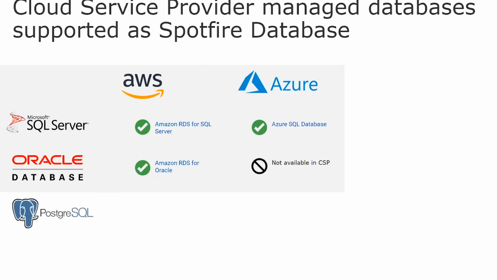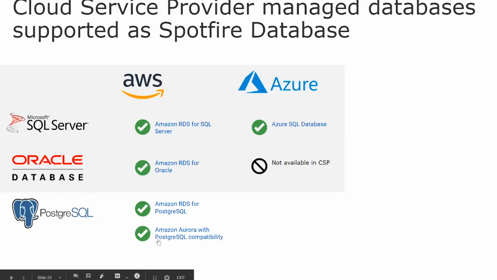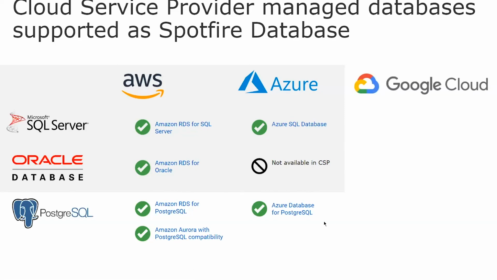As you remember, in 10.9, we introduced support for Postgres as a Spotfire database, and now in 10.10, we have added support for Amazon RDS for Postgres, Amazon Aurora with Postgres compatibility, Azure Database for Postgres, and Google Cloud Platform, GCP, Google Cloud SQL for Postgres.